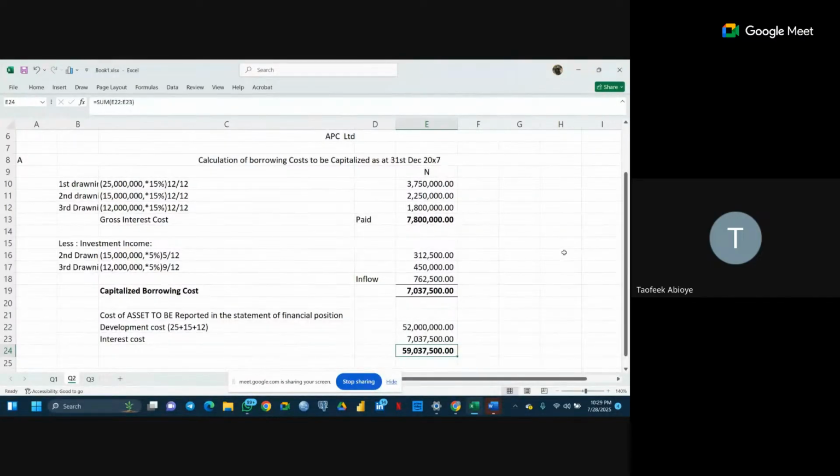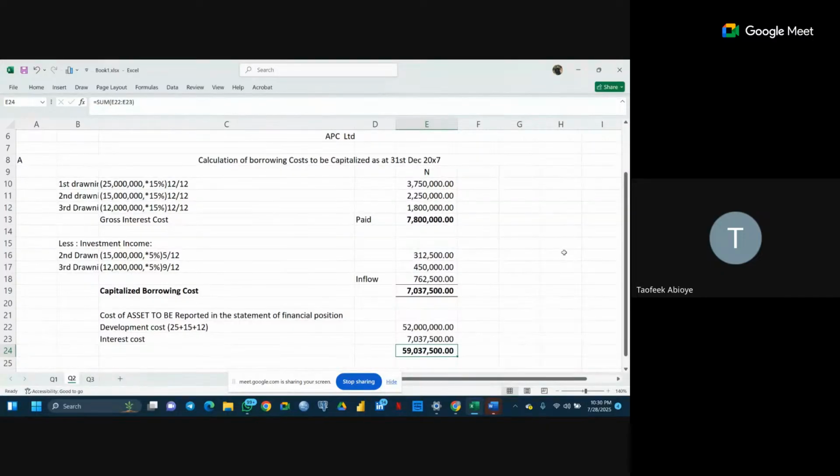Let me quickly answer that. Your first question is in regards to why only 52 million was used. If you remember in our last class, I used an example: if he borrowed 100 million and only used 70 million for the qualifying capital expenditure, we are less concerned with the remaining 30 million, because we are not going to capitalize the interest on it. What it is used for does not concern us.